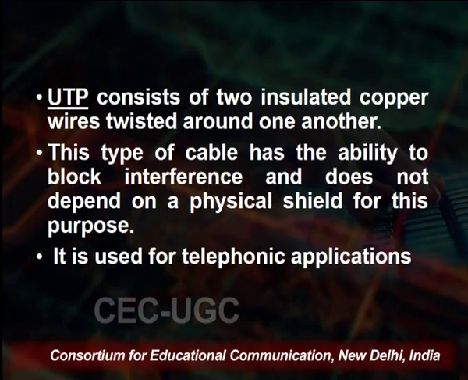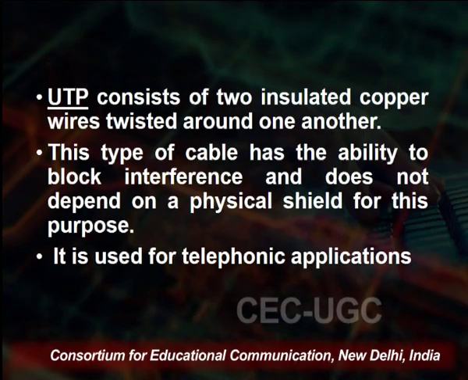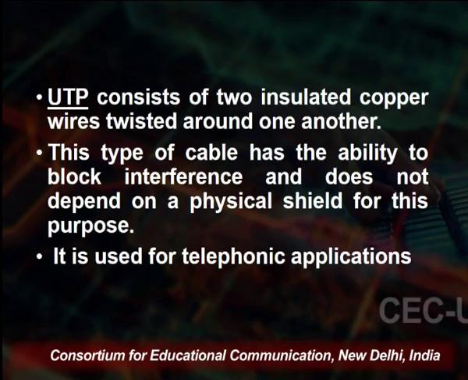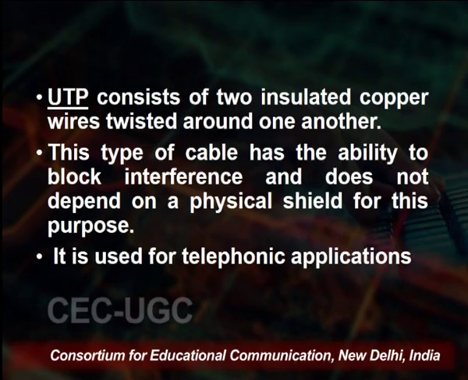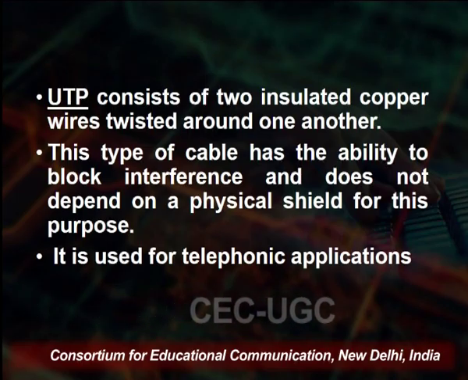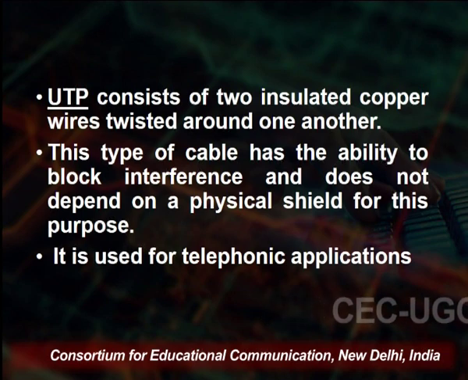Basically there is no protective sheath and no copper braid on these wires. This type of cable has the ability to block interference and does not depend on a physical shield for this purpose. We do not have any physical shield here, but these copper wires are insulated and twisted around one another.